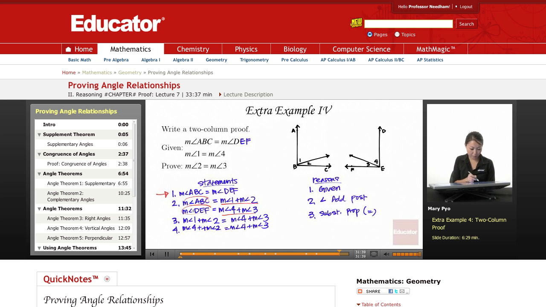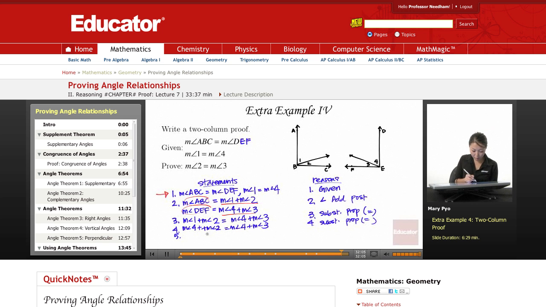Right, because it's given, and I should actually write that too for here, because this is another given statement, measure of angle 1 equals measure of angle 4. So since they're equal to each other, I can just replace one for the other. And whenever I do that, that's also substitution property. Running out of room.